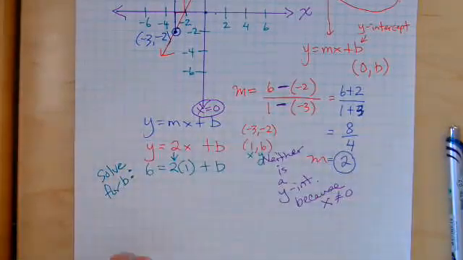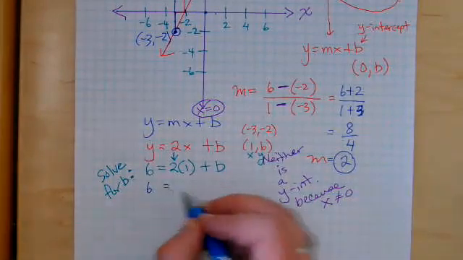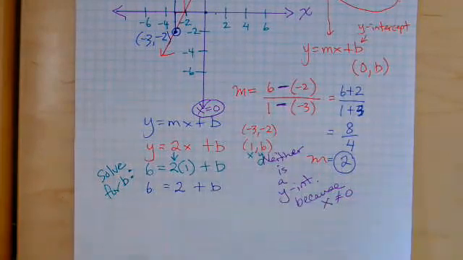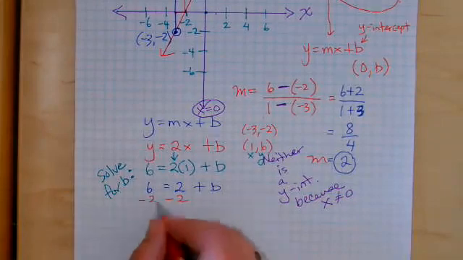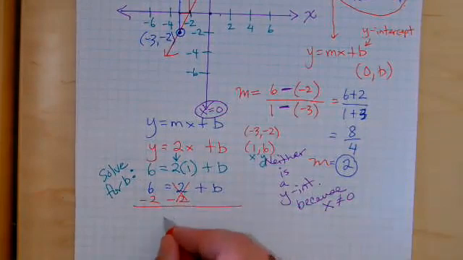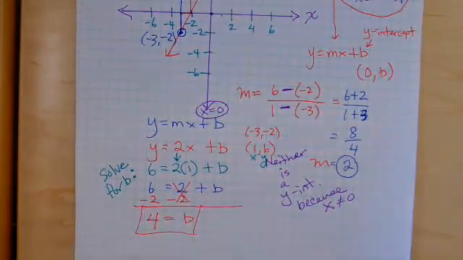How would I solve for b, that linear equation? Well, I have 6 equals, what's 2 times 1? 2 plus b. Can you see what number b would have to be in order for this to be true? Or what would you need to do to solve for b to get b by itself? Subtract the 2 from both sides. 2 minus 2 is 0, so all you have left there is b. 6 minus 2 is 4, and so b, the y-intercept, is 4.